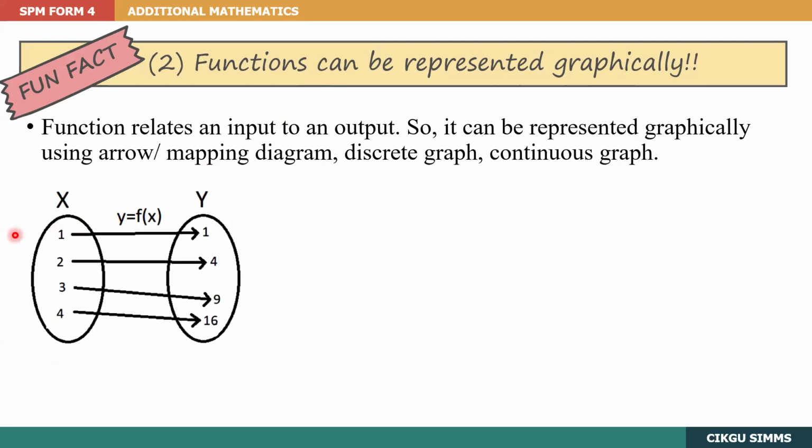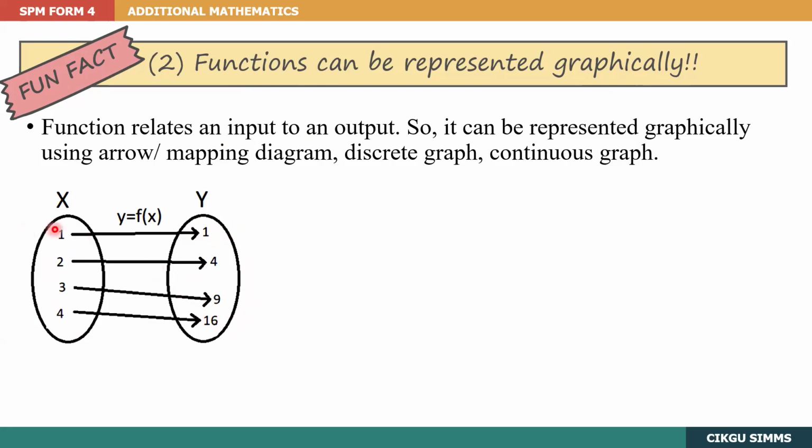First is the arrow diagram, or what we call the mapping diagram. We have a set of inputs and a set of outputs, so here we can clearly see the relationship between the input and the output.